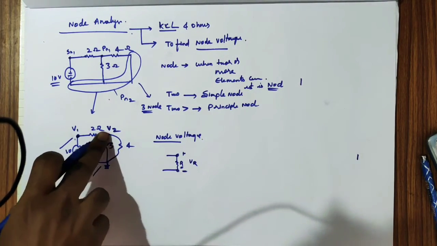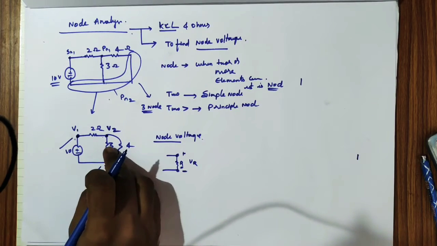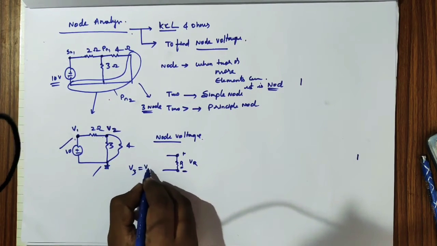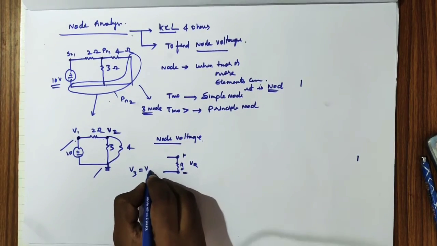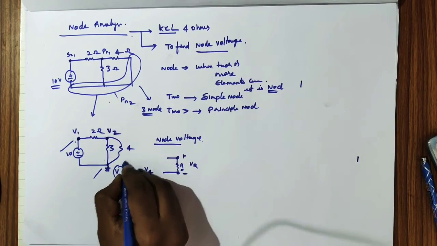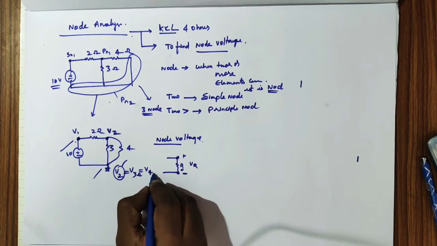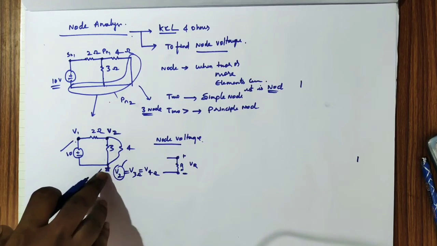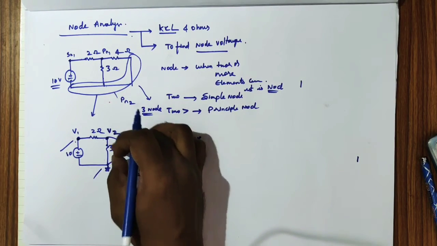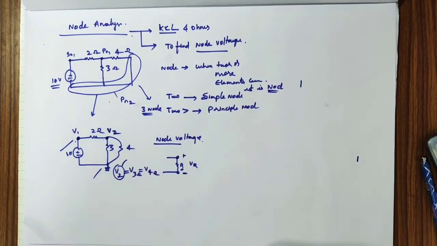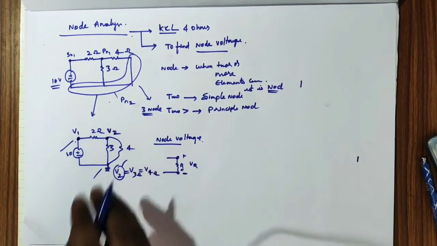Similarly, the voltage across the 3 ohm resistance will be equal to the voltage across the 4 ohm, which is the node voltage V2. So the value across the 3 ohm and 4 ohm with respect to ground is called the node voltage. That is the meaning of V1 and V2.